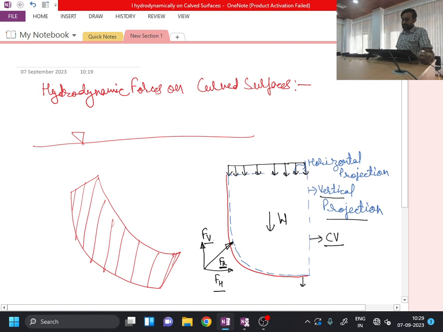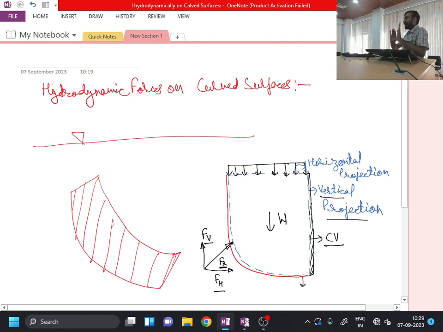Okay, now let us consider that the vertical projection of the surface is a planar surface. This is my assumption.